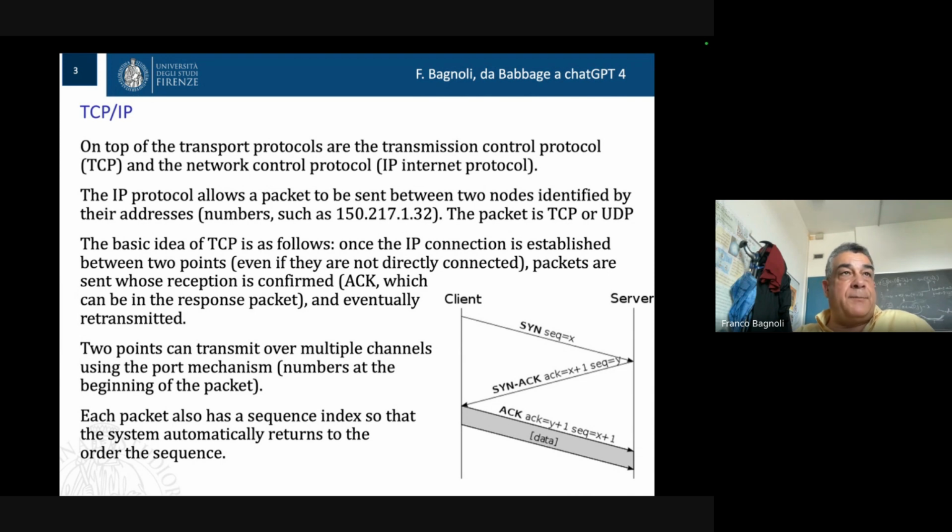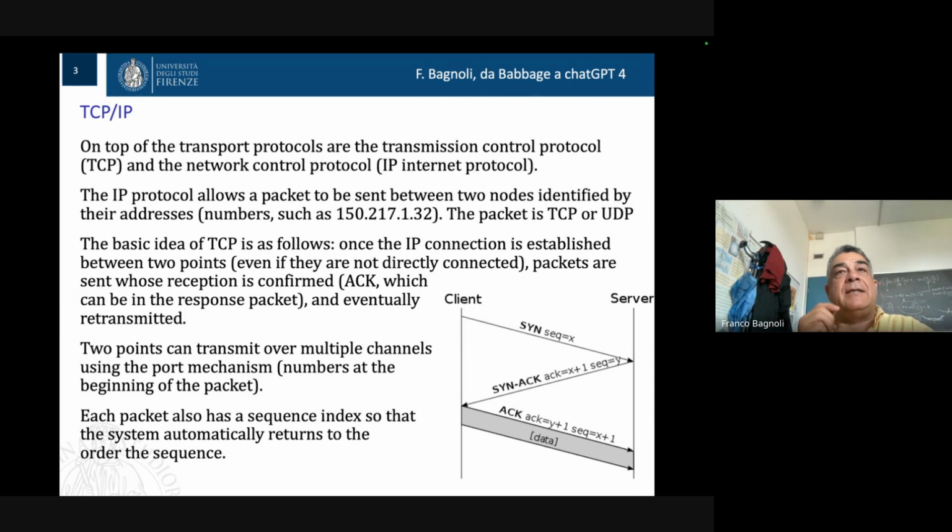One protocol is the TCP/IP protocol, which is essentially transported inside the Ethernet packet for the local communication.